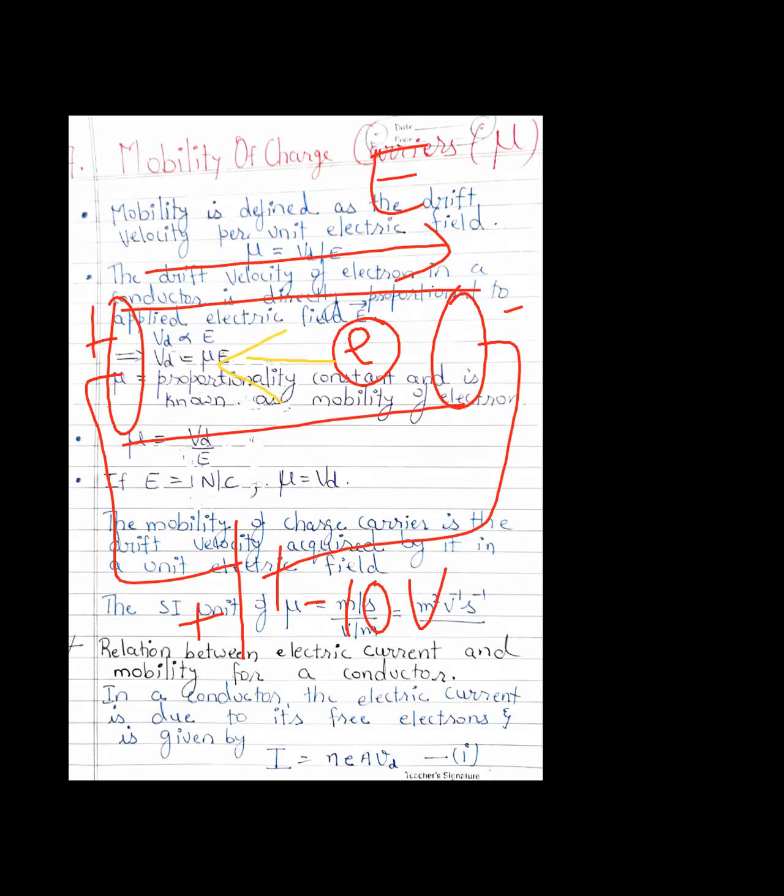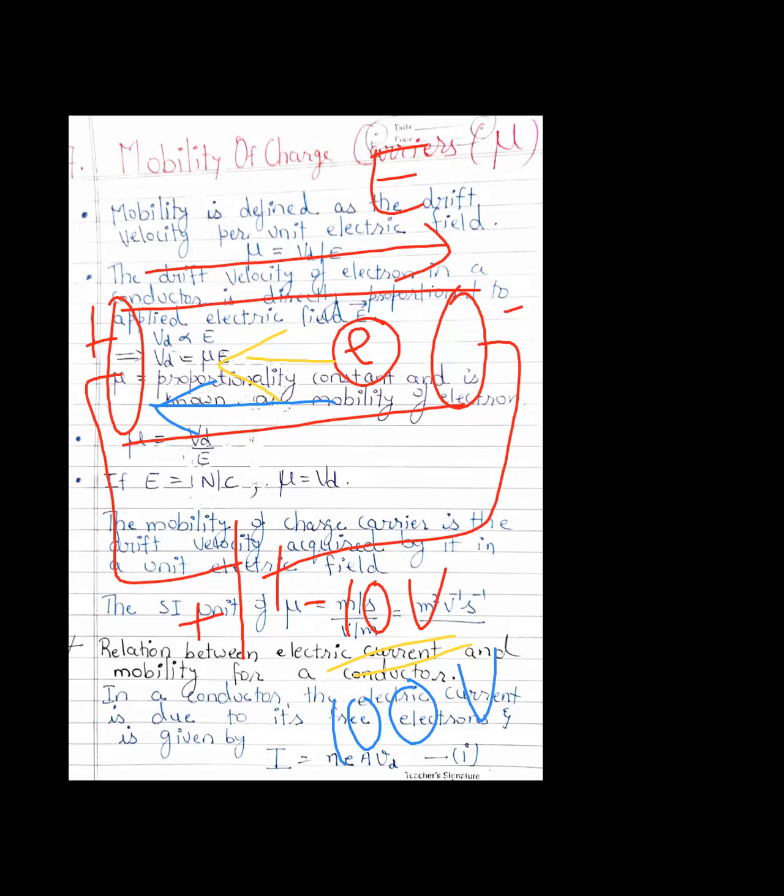Now we have connected a 10-volt battery. Suppose I replace it by a 100-volt battery. Now you will see the drift that occurs in the electrons is very high.